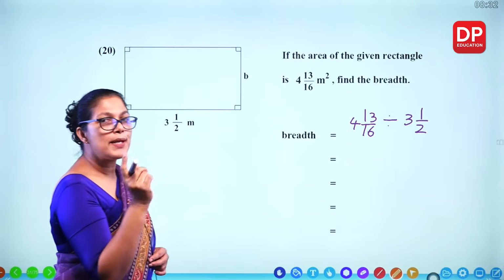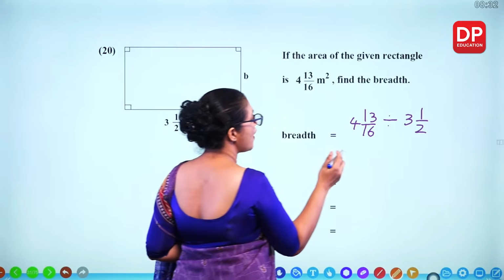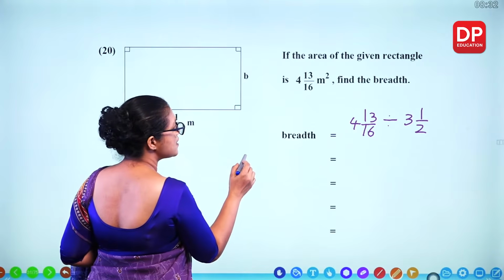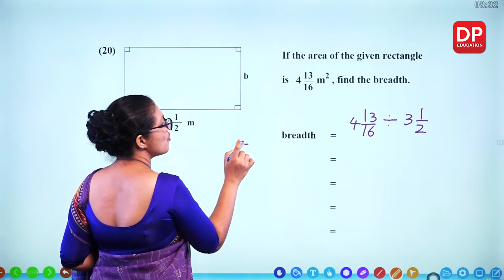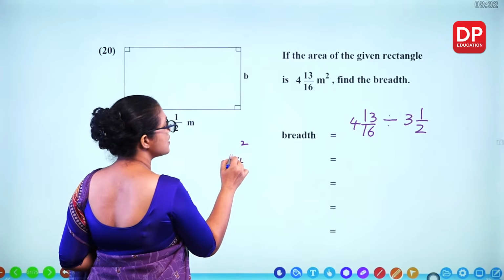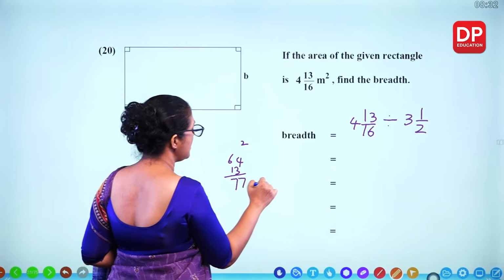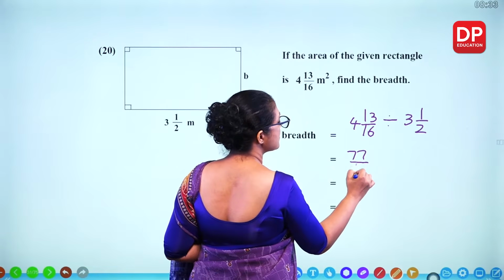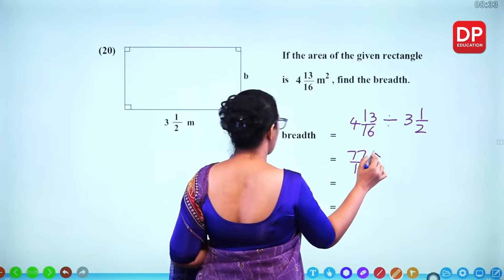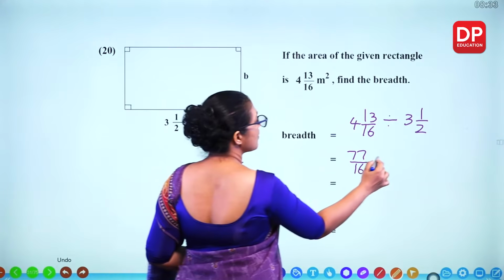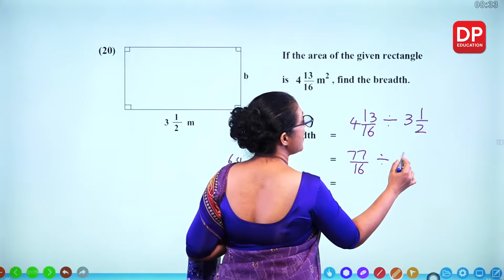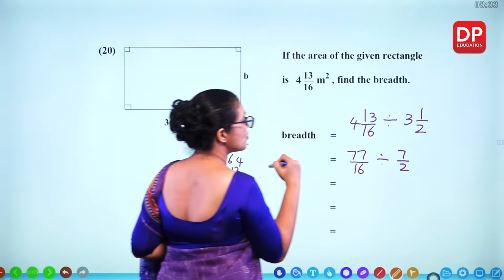Both are mixed numbers. Convert to improper fractions. 4 times 6, 24. 4 times 1, 4 plus 2, 6. And this 13, you get 77 over 16. This one, 3.5, you can write as 7 over 2.